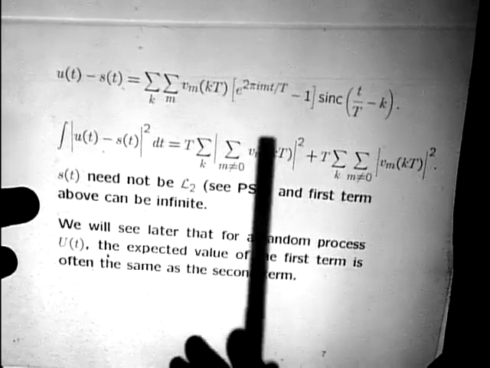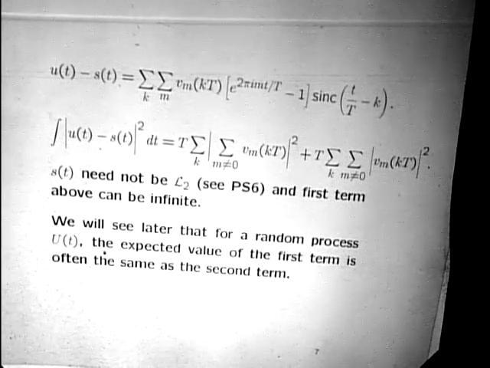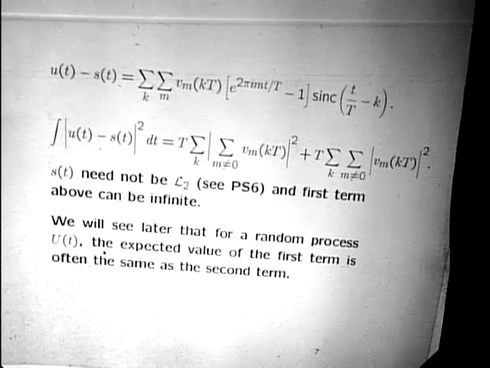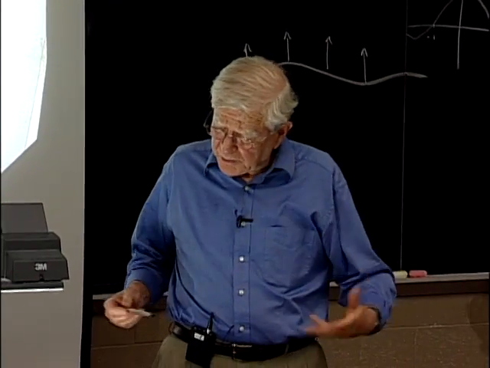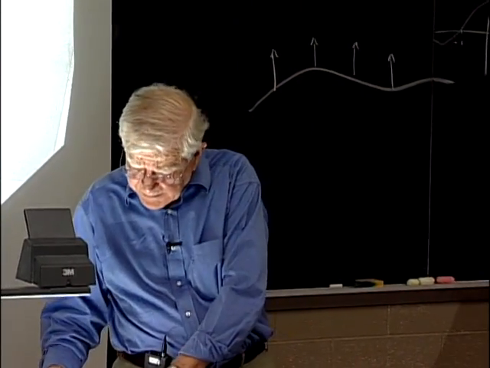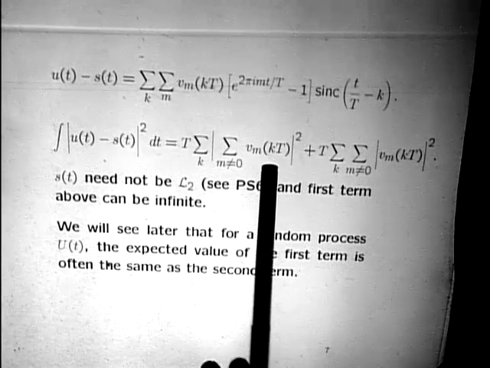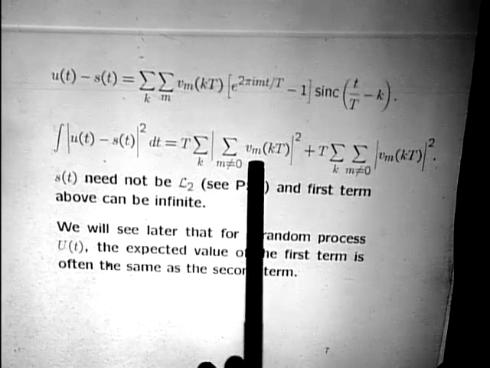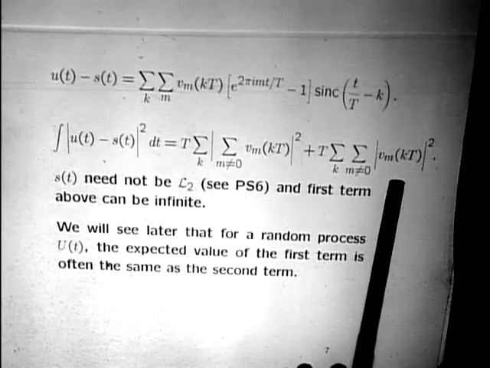When we start looking at random processes, and really the only thing that we're interested in here is random processes, because noise is a random process, signals are random. So when we start looking at random processes, the thing that we're going to find is that this square of a sum in terms of expected value is going to be approximately the same as this sum of squares.